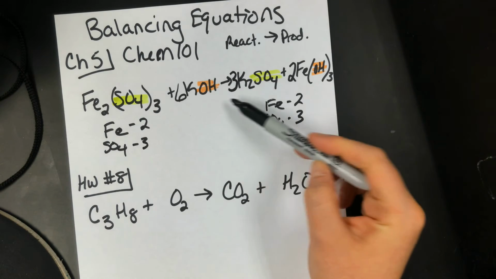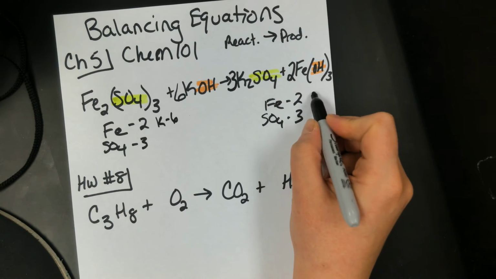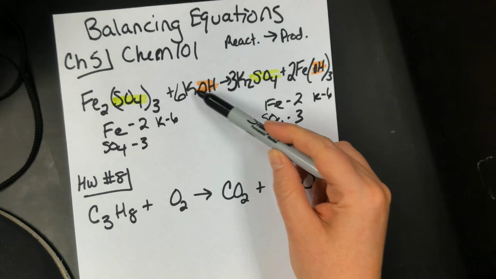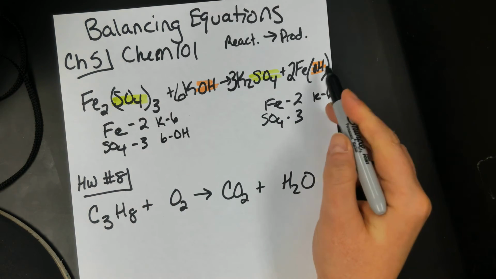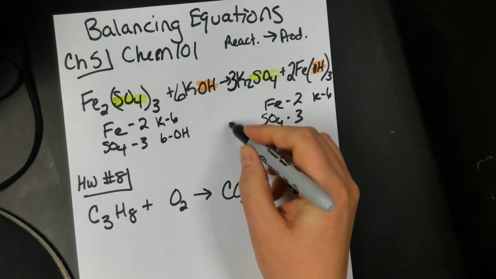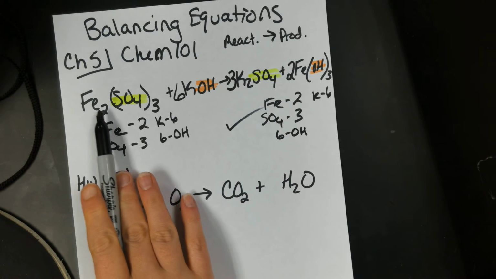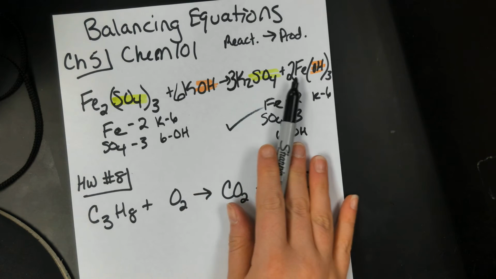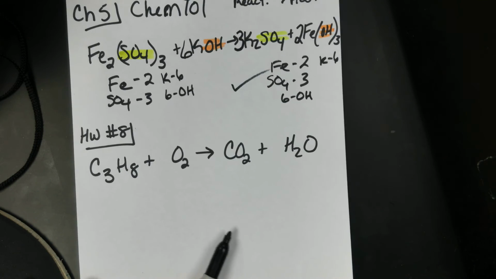Potassiums, I have 6, and K's I have 6 over here. And how many OHs on this side? 6 times that OH, so 6 OHs, and on this side I have 6 OHs. Balanced, right? So the coefficients are 1 iron sulfate, 6 potassium hydroxides, 3 potassium sulfates, and 2 iron hydroxides. So these are the balanced equations.